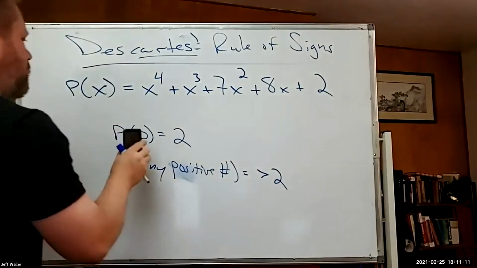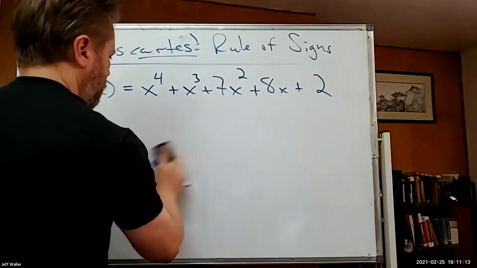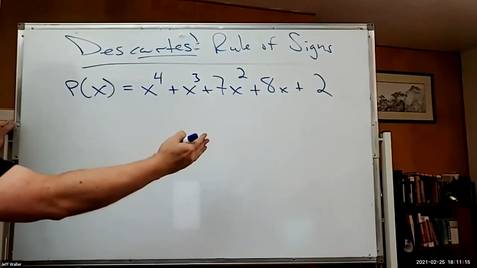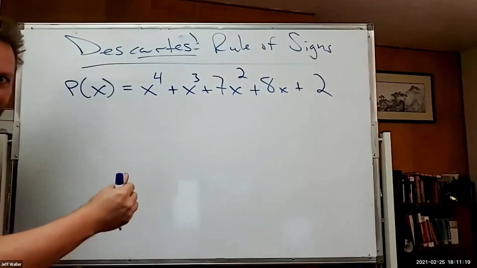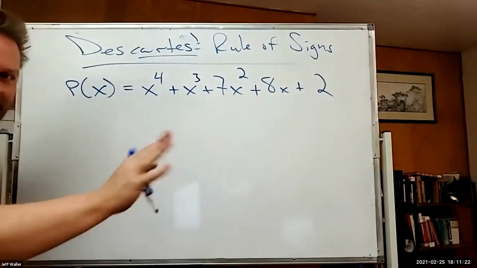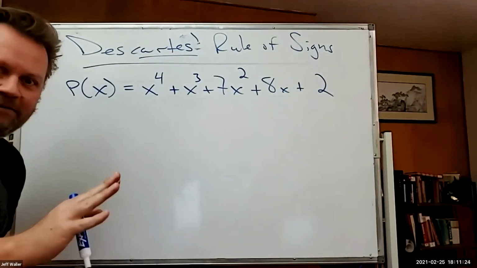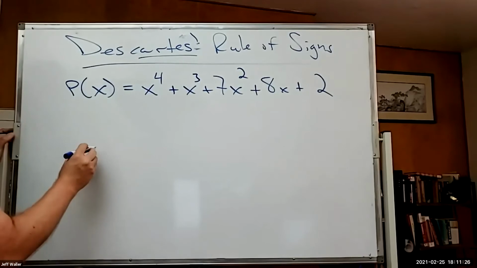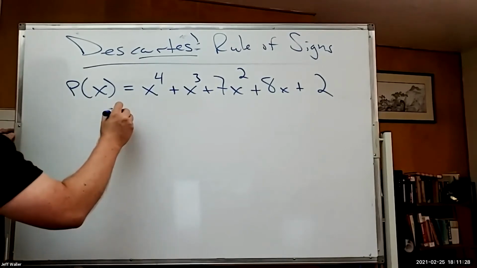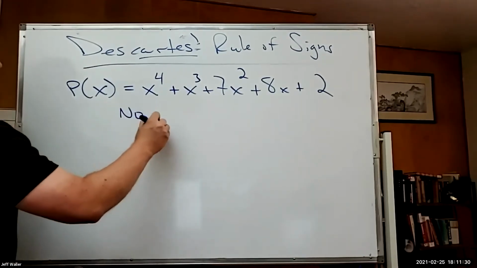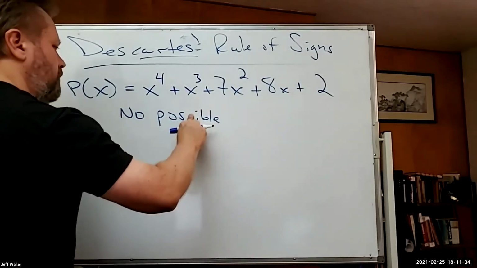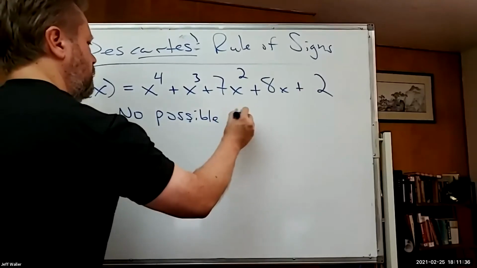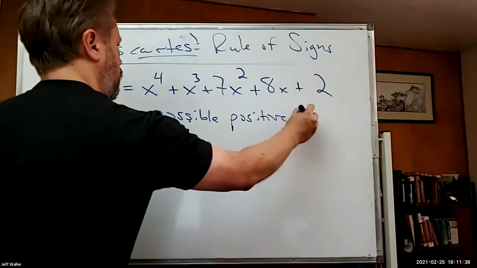All right. Now, here's the other side of the coin, though. So what would make it so that no negative numbers work? Not that they're all negative. No, that doesn't make any sense, to be honest. Watch this. So this one has no possible positive roots.